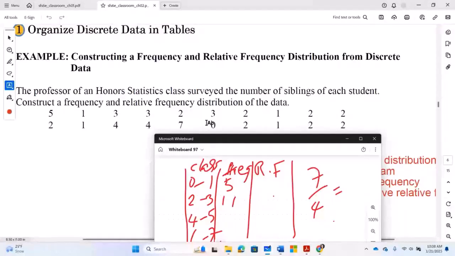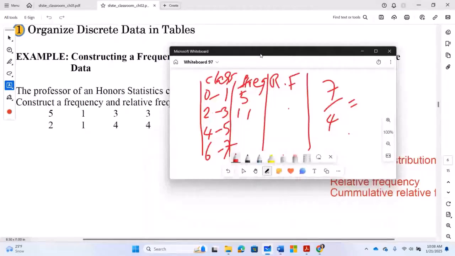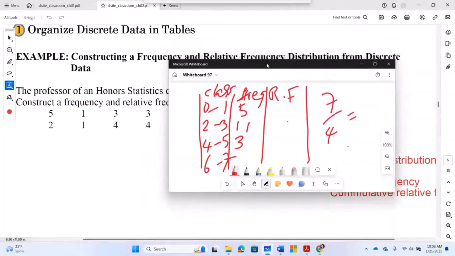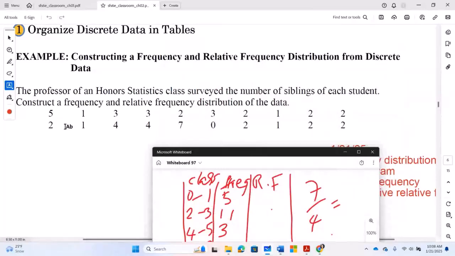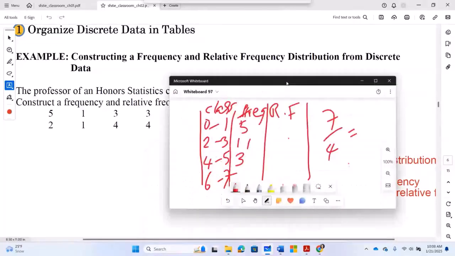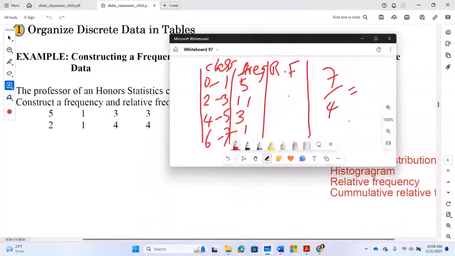So all the numbers ranging from 4 to 5, there are only 3 of them. Okay, for the last class, I'm going to be looking for numbers ranging from 6 to 7. There is none in this column, none here, none here. One number is between 6 and 7. So there is only 1 here.